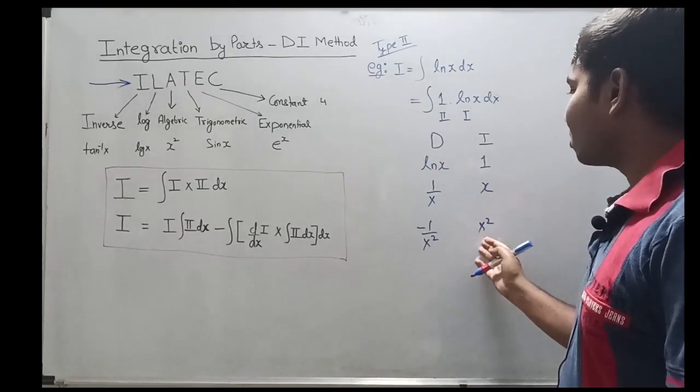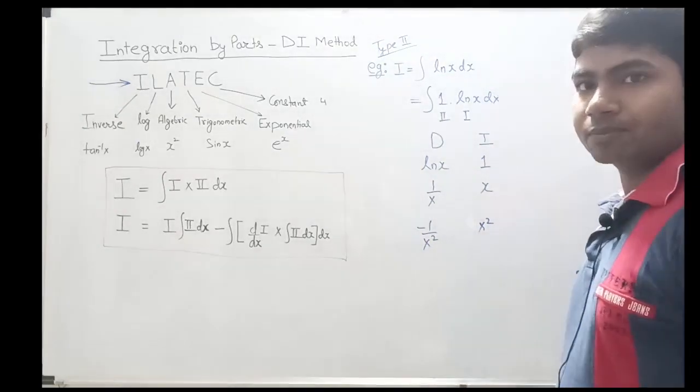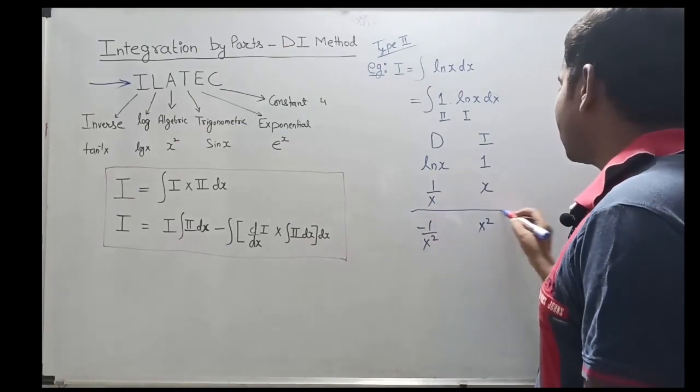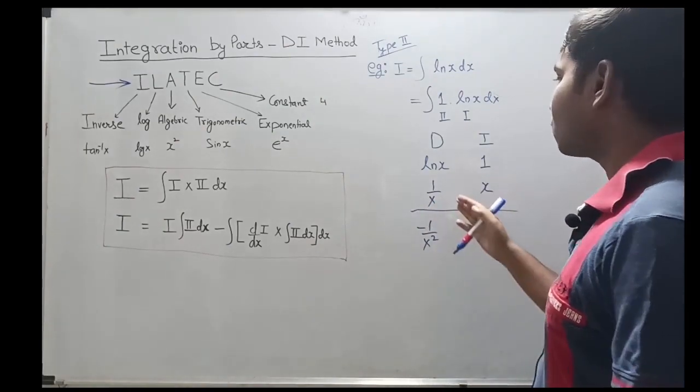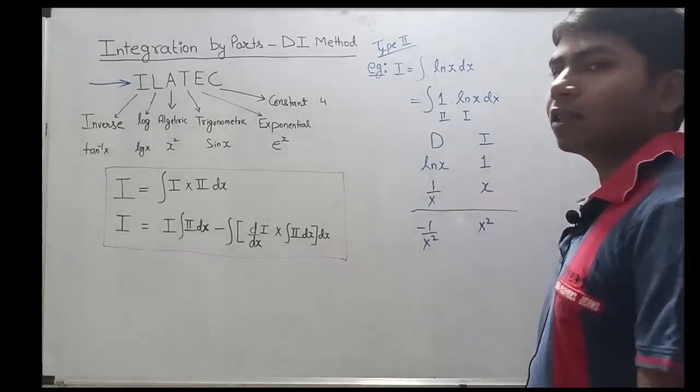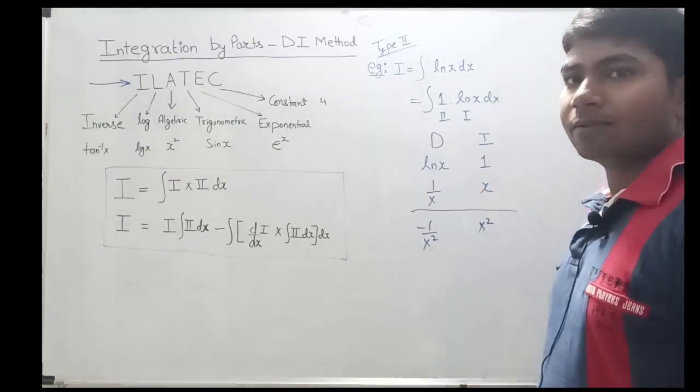So again, if we multiply, the 1 or minus 1 will come. So we can stop our integration right here, because we all know when we multiply these two, the answer will be 1. So this is the second method.